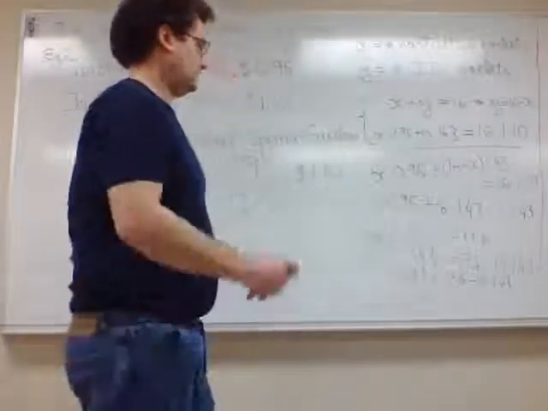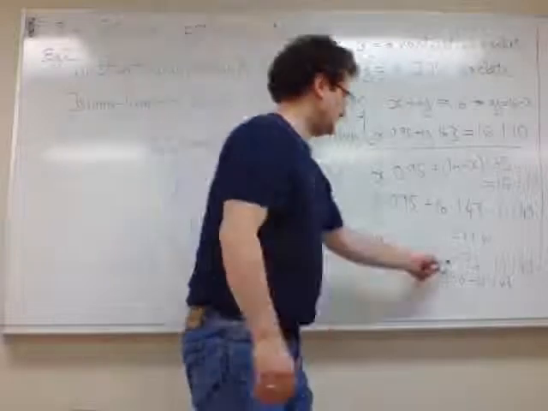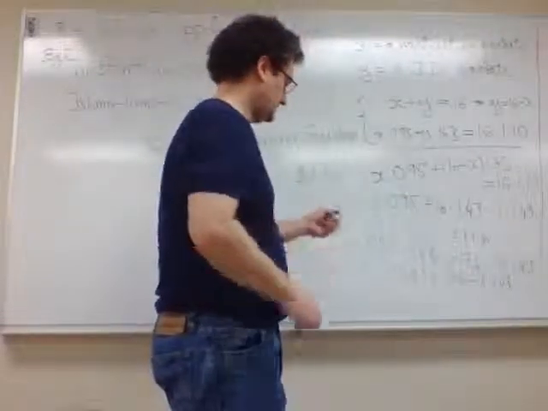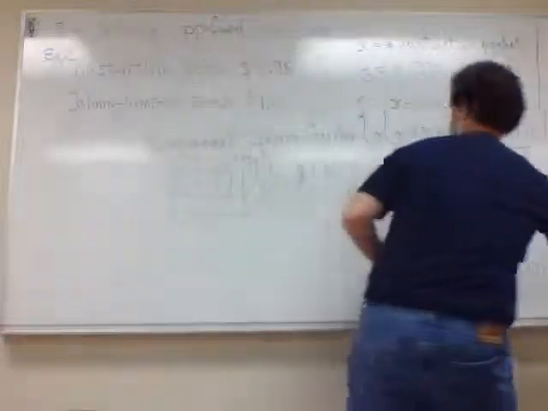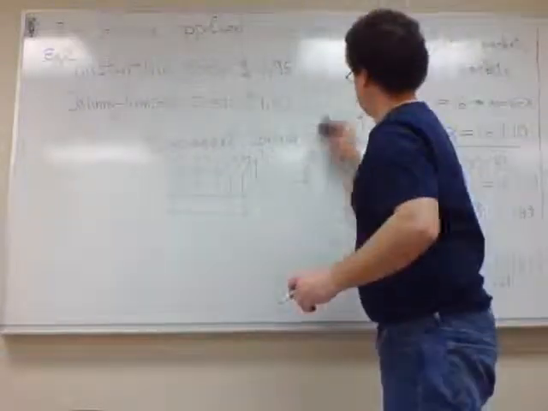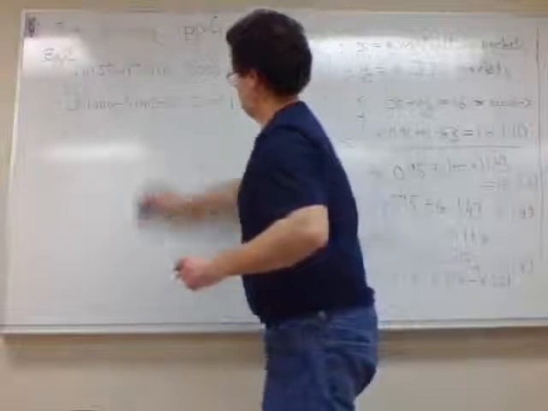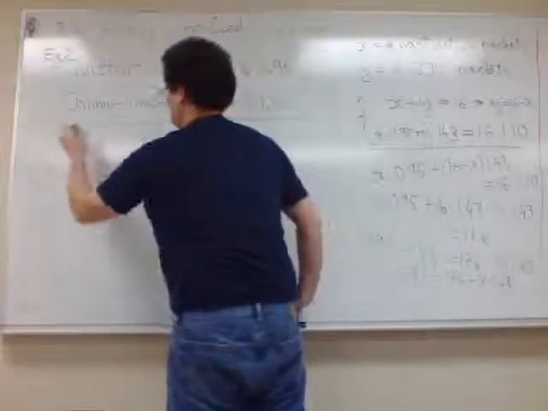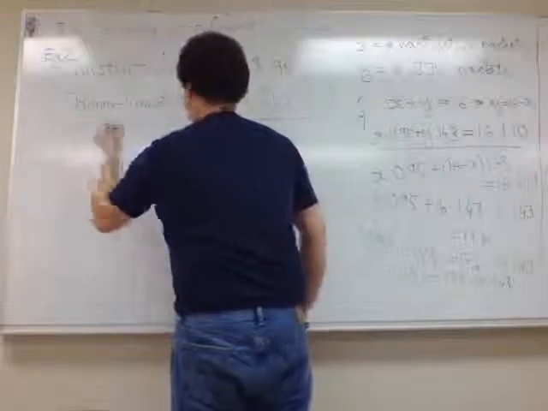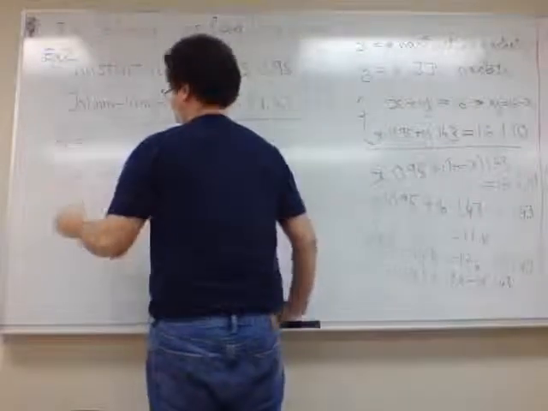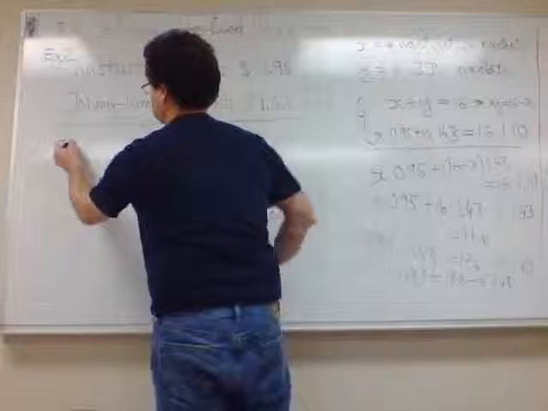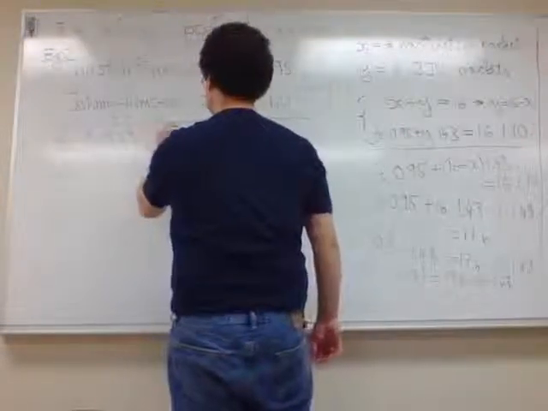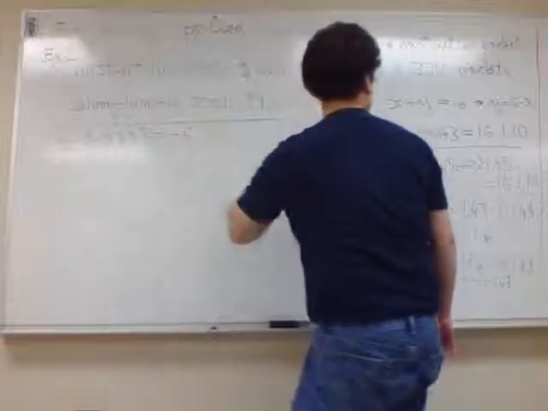Okay, so the calculator says that this guy here is minus 5.28. So we have, let me write that here. That x times minus 0.48 is equal to minus 5.28.